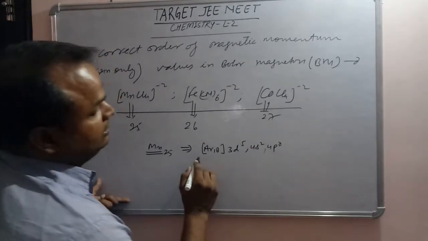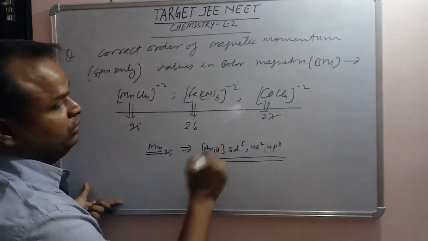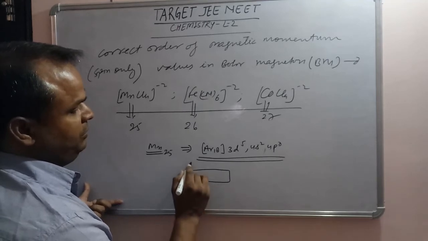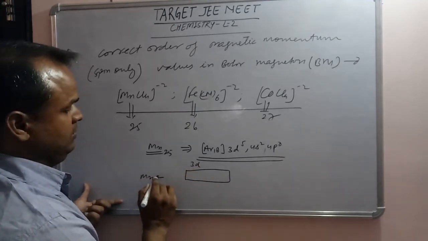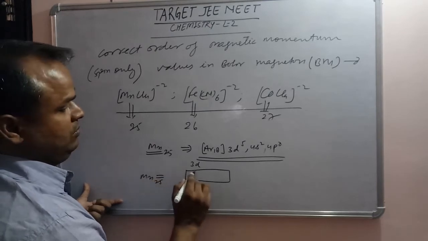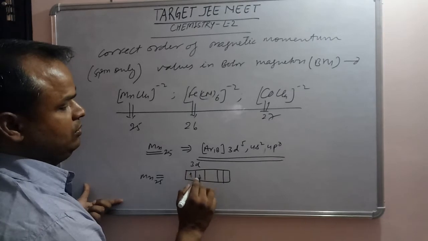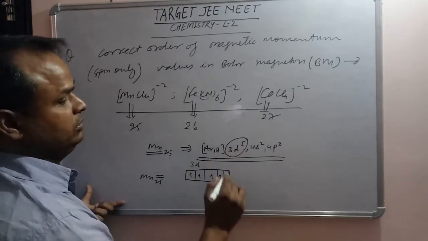Now if we write its orbitals to distribute the electrons, this becomes like this: 3d, 1, 2, 3, 4, 5. There are a total of 5 electrons.